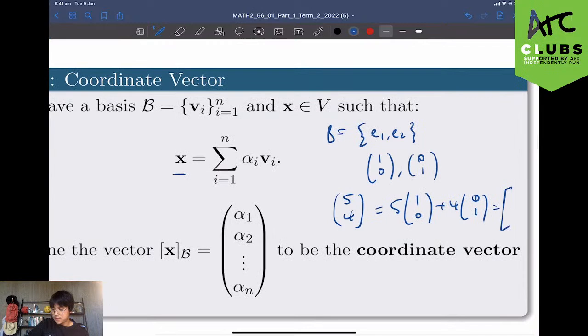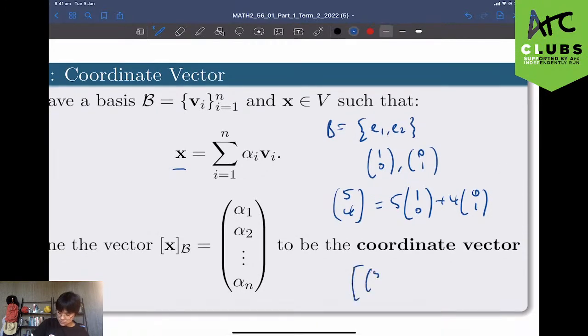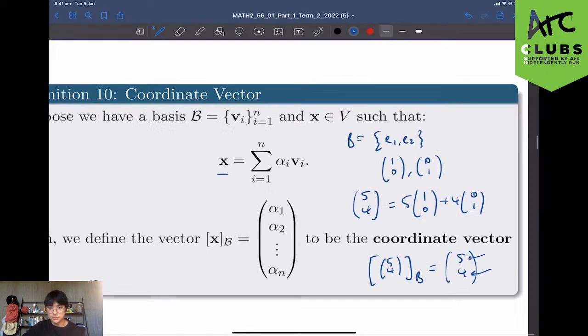So therefore we write (5, 4) as a coordinate vector, since it's 5 times the first basis element plus 4 times the second basis element.